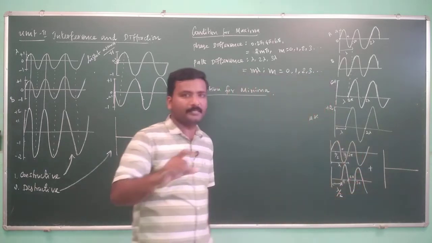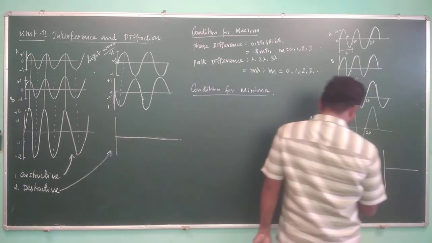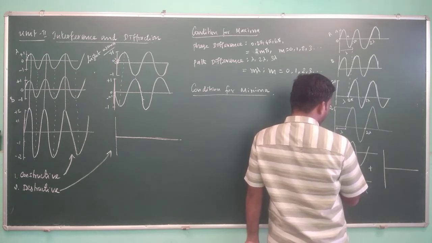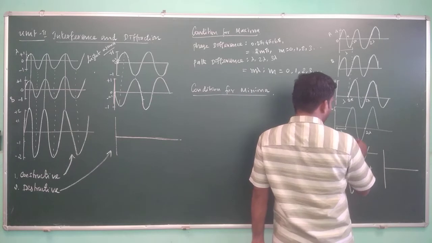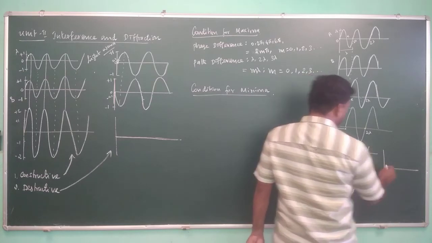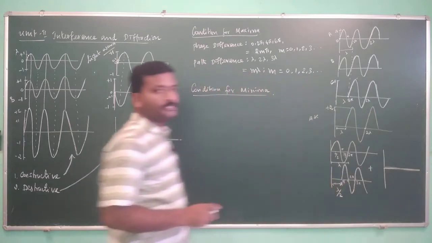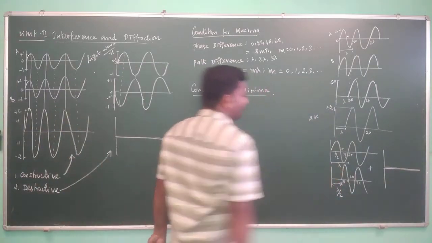So the amplitude will be the same but with opposite sign. So always, when starting from this point, one is going up, the other is going down, and one is going down while the other is going up. So you will always have a null intensity when these two waves interact. So this creates destructive interference.